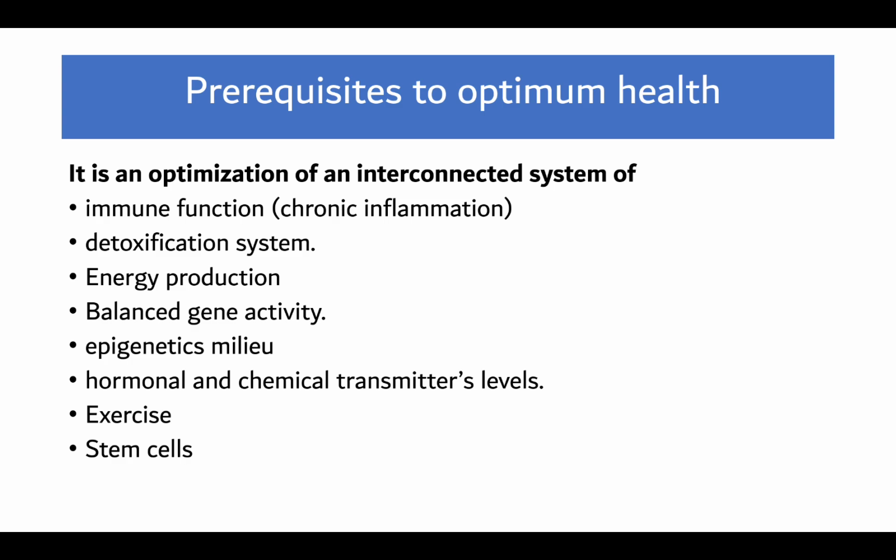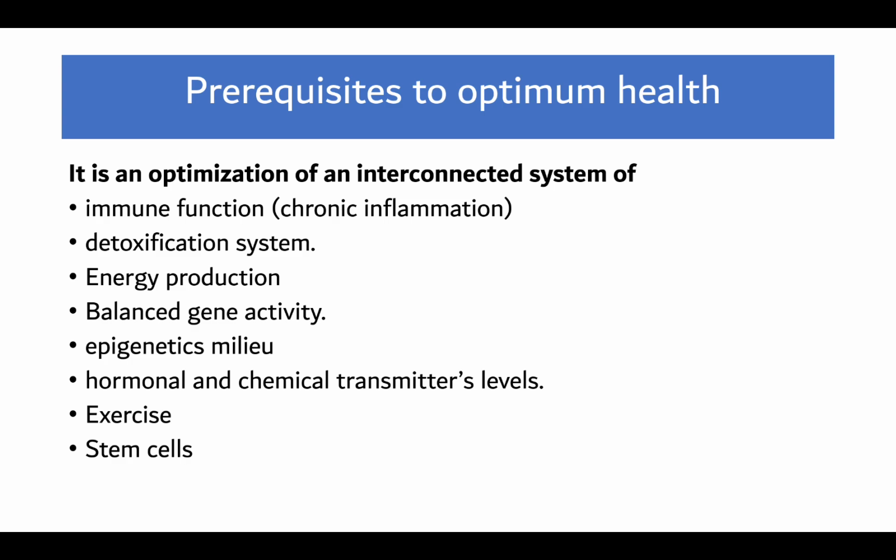So the person needs to have optimized immune function. He has to have a detoxification system working properly, optimal energy production, balanced gene activity, because some people, and this is very common, have genes which are hyperactive and genes which are hypoactive or less active.